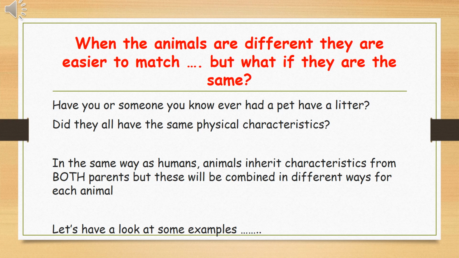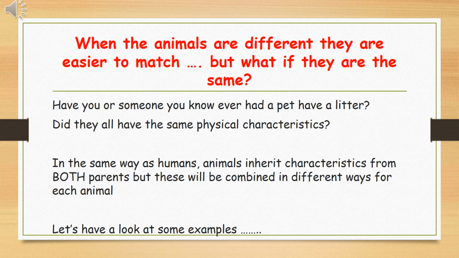So have you or someone you know had a pet that's had puppies or kittens or other animals? Do they all have the same physical characteristics? Maybe some of them had dark fur, maybe some of them had lighter fur, maybe some of them had different colourings.